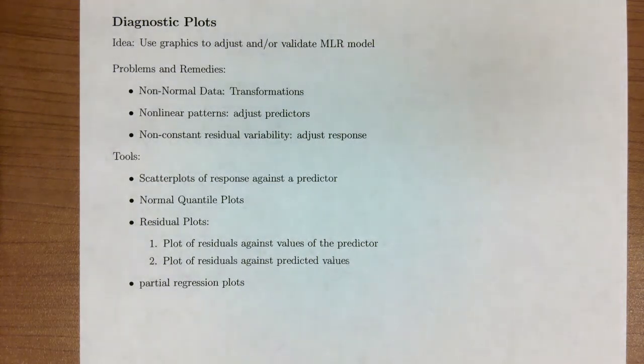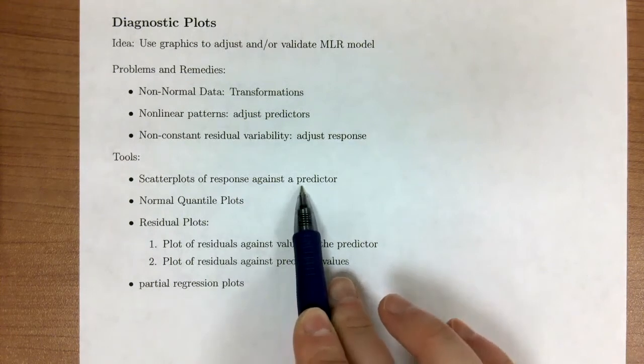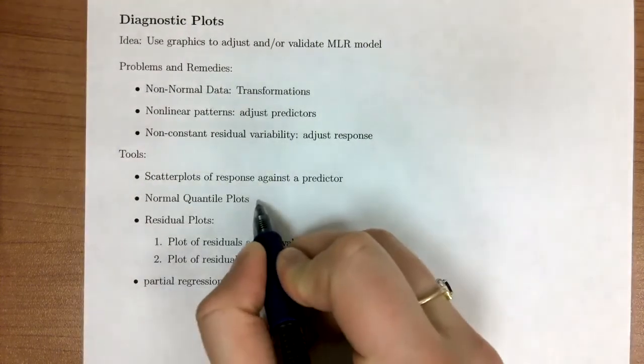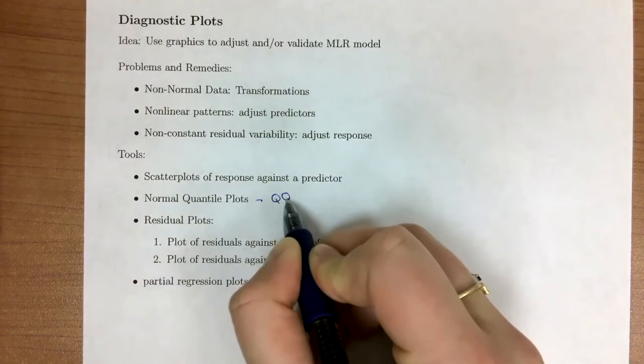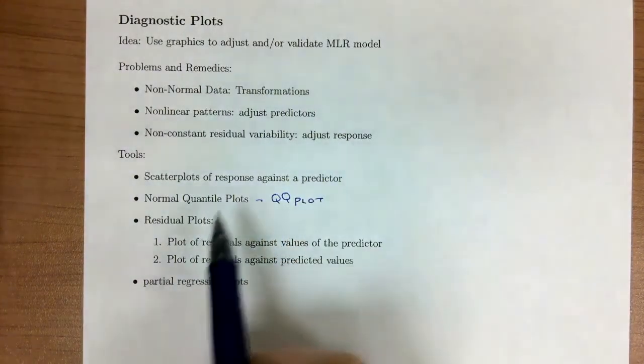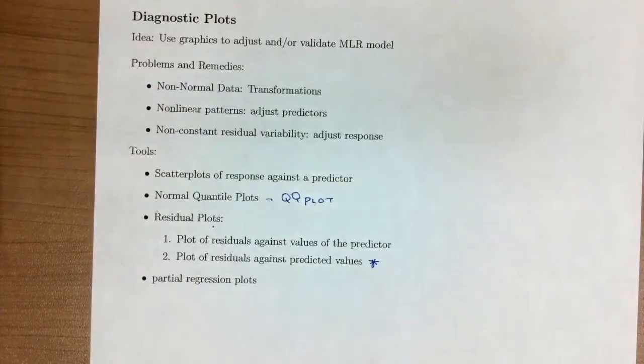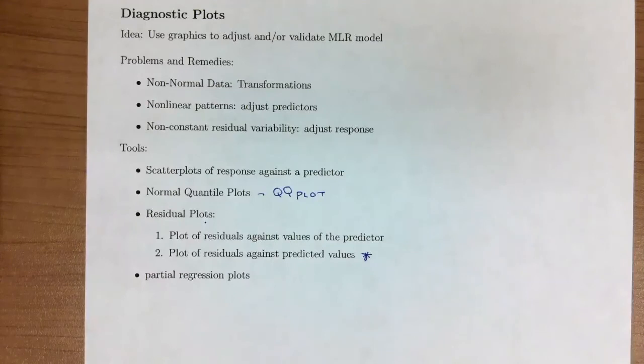Some of the tools we'll be talking about are scatter plots of the response against the predicted, and normal quantile plots, which are also known as QQ plots. We're going to be looking at residuals, where the residuals against the predicted is a big plot that we use.